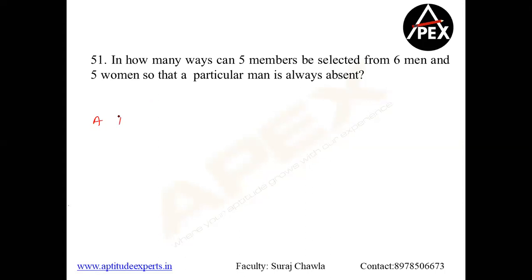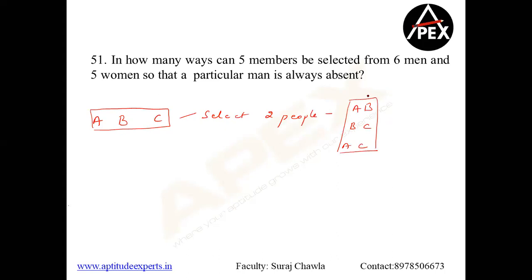If I ask you, in how many ways can I select two people from A, B, C? If I select two people, it can be AB or BC or CA. So the answer is quite simple, 3C2.